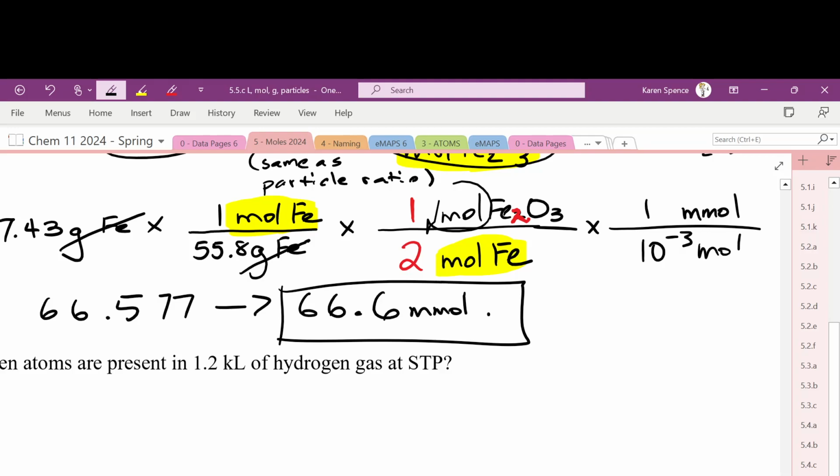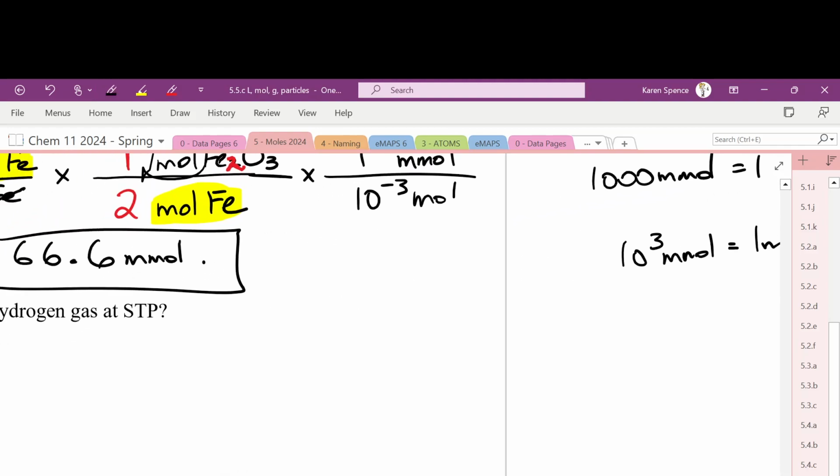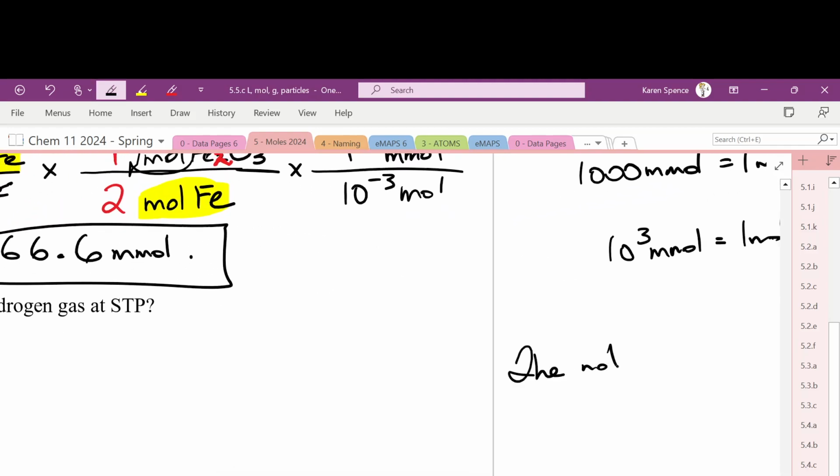Does everyone know how to find the molar mass of a molecule? Yeah, so if I was like, the molar mass of a molecule, oh no, the mass of a molecule is 2.1 times 10 to the negative 22 grams.